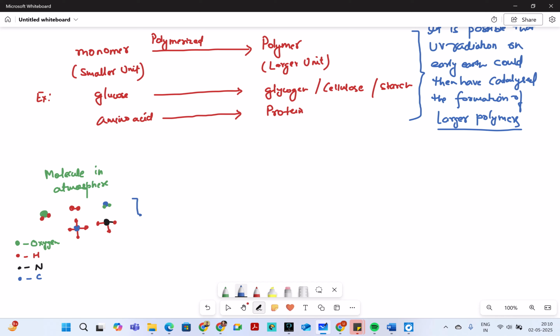So these molecules, what happened to these? They got UV radiations, right? Or you can say energy was given as heat or UV radiations. So some energy has gone.